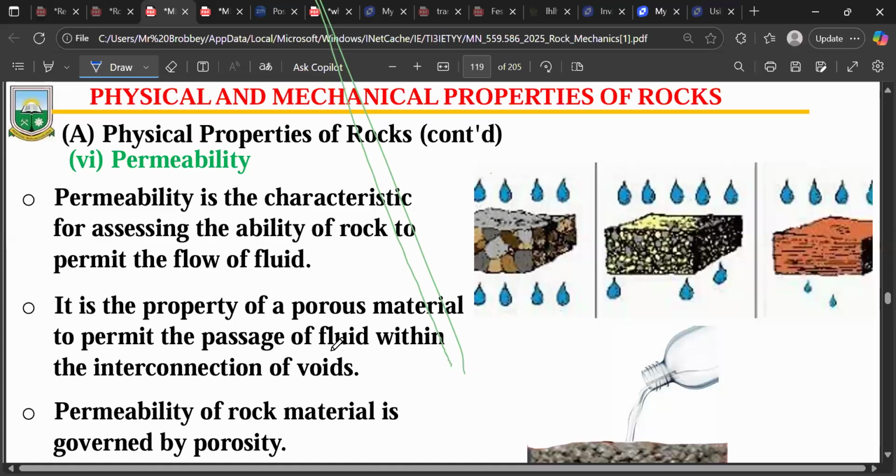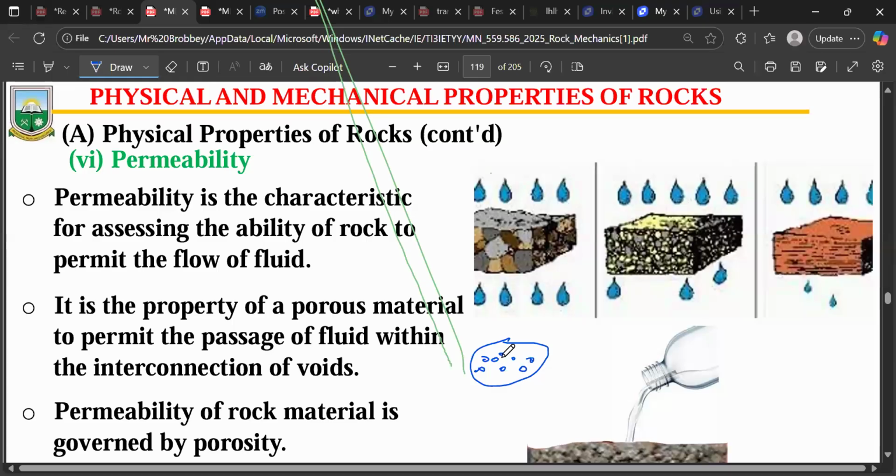We can have pore spaces in a rock, but if they are not interconnected, they are going to be just holes. So let's say there is this very porous rock, which is called pumice, right? And this pumice has this structure with a lot of holes on it.